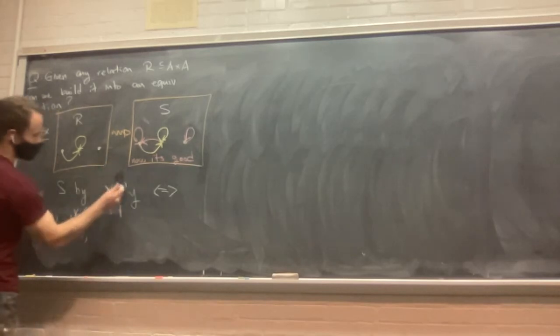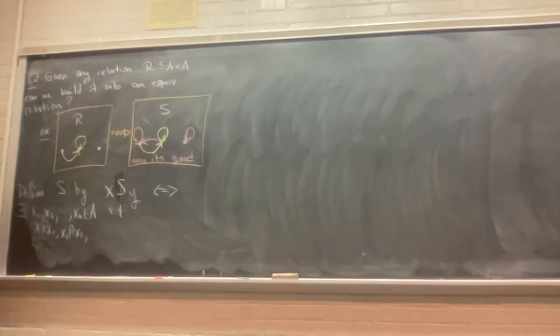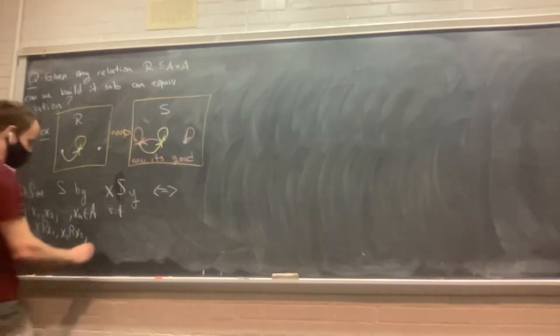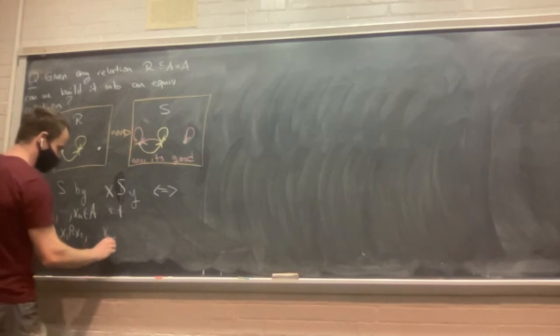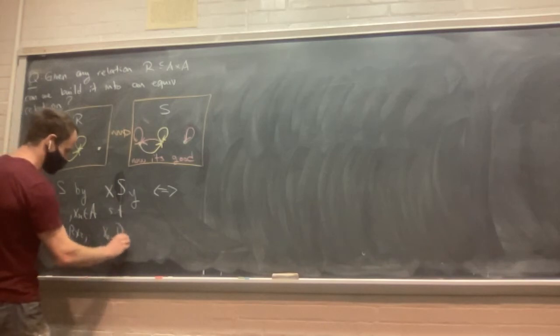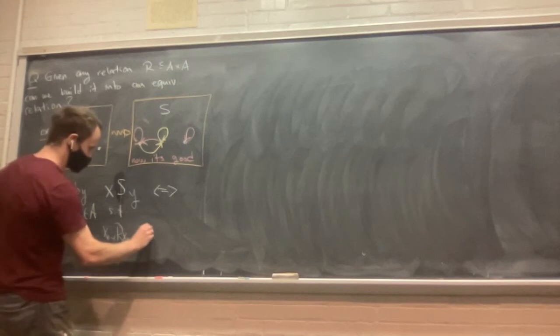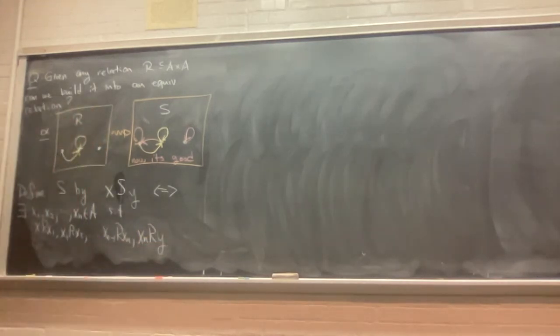Oh, sorry, this should be XSY, right? Because it's the S equivalence relation. I apologize for that. All the way up to Xn minus 1 is related to Xn. And finally, Xn is related to Y. So this completes a path or something, right?